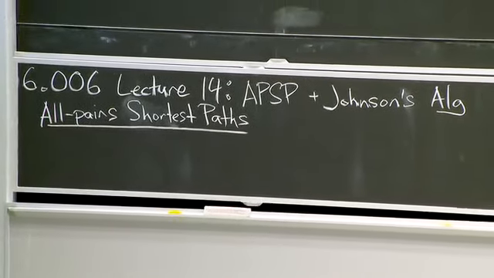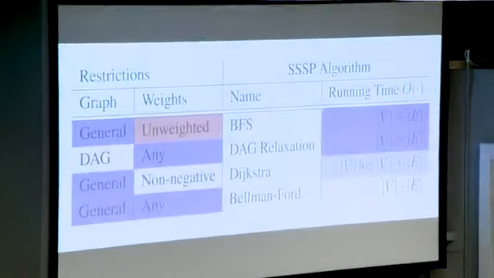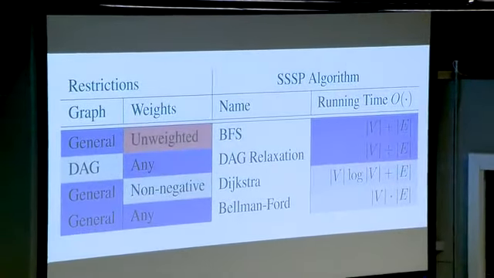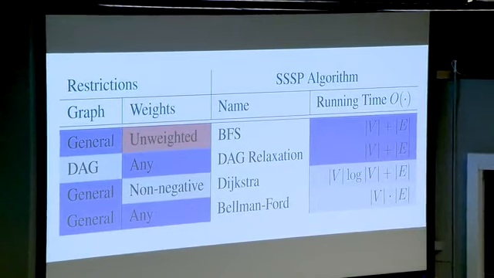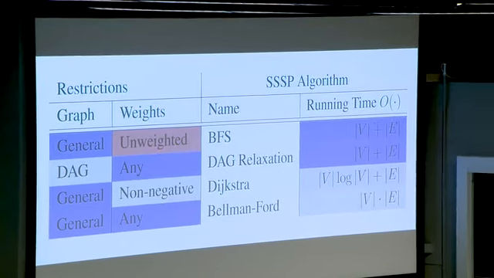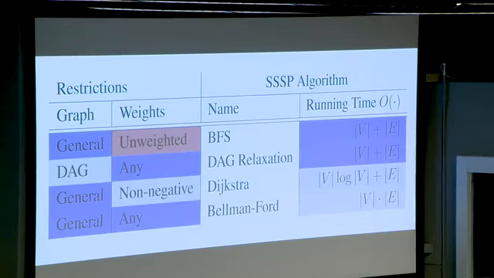Okay, but first let's review our single source shortest paths algorithms. We had BFS, DAG relaxation, and Dijkstra, which we saw last time, which gets pretty close to linear, right? V log V plus E is pretty close to linear. It's much closer to linear than the general algorithm we have for solving single source shortest paths, namely Bellman-Ford, which is a little bit more like quadratic.